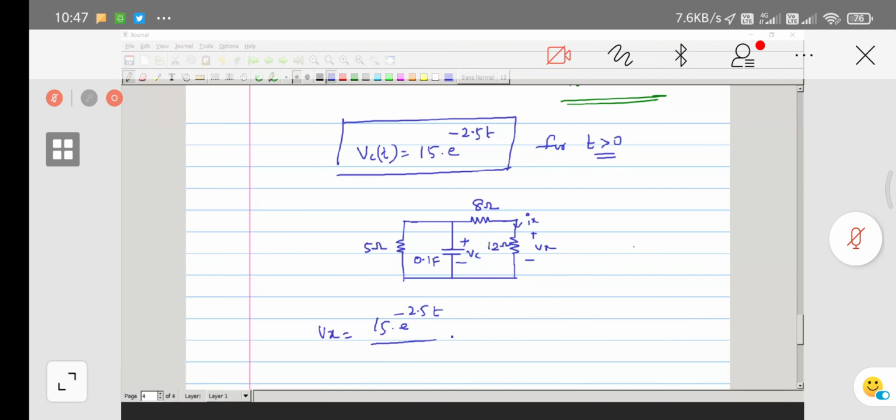Voltage across the capacitor is given by this one. Voltage across the 12 ohm resistor is given by this one.